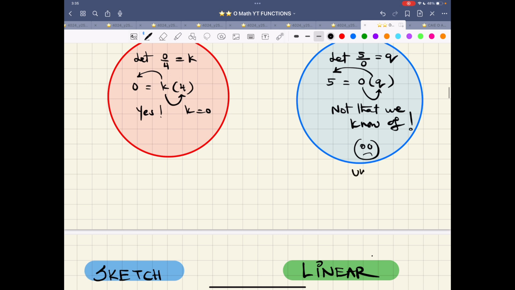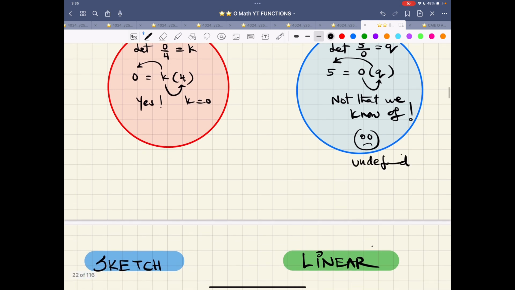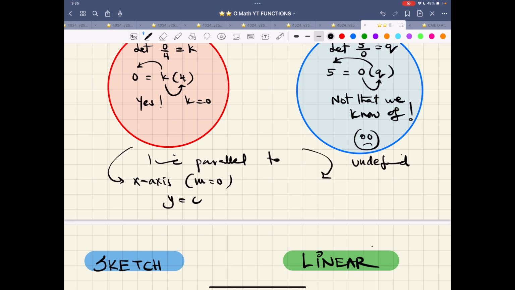So therefore, we say it is undefined. So remember this: line parallel to x-axis, gradient is 0. Therefore, the equation is written as y is equal to a constant, and for a line parallel to y-axis, gradient is undefined. Therefore, the equation is written as x is equal to a constant.